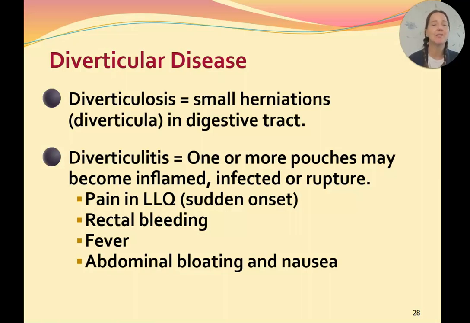Maybe even ruptured and now leaking into the abdominal space, which then leads to what? Peritonitis. Very good. So you're going to have left lower quadrant pain that just kind of comes on, rectal bleeding, fever, most likely because this is the body's inflammation response to something being wrong. So the body will probably turn up the heat, and then bloating and nausea.